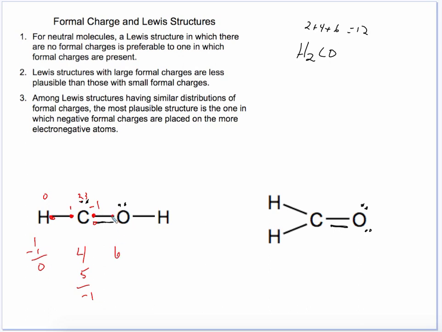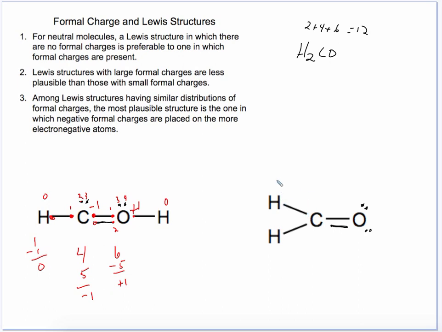So the carbon's formal charge is negative 1. Let's do oxygen. It has 6 valence electrons. 1, 2, 3, 4, 5. So 6 minus 5 is positive 1. So the oxygen is positive 1. Hydrogen, whenever it just forms a single bond, it's always 0 because it's 1 minus 1. Okay, so the carbon's negative 1, the oxygen's positive 1.